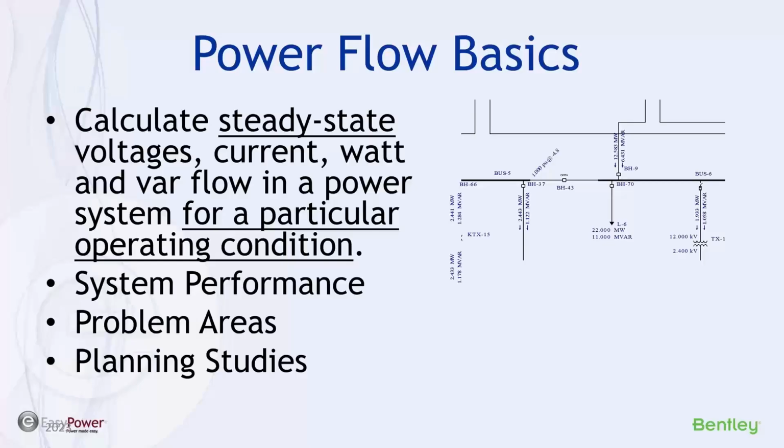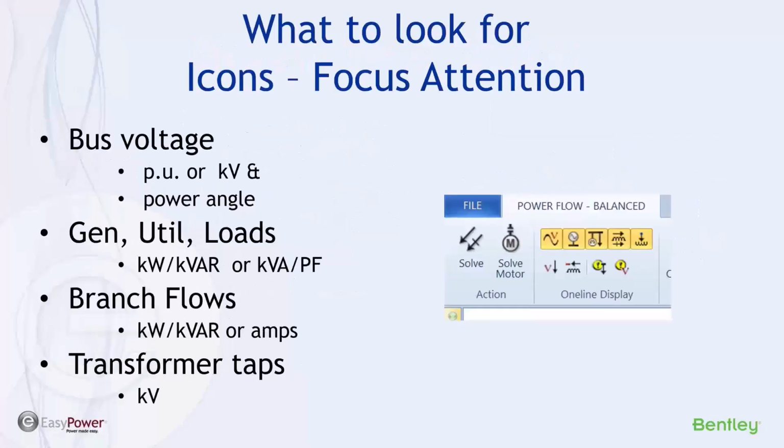And as I mentioned, as we get into this, I'm going to be using EasyPower quite a bit, and I want to make sure you're paying attention to what I'm looking at, because sometimes the little cursor moves pretty fast. But essentially, we have the ability to control the unit display for the voltages in either per unit or in kilovolts, and then also included the power angle.